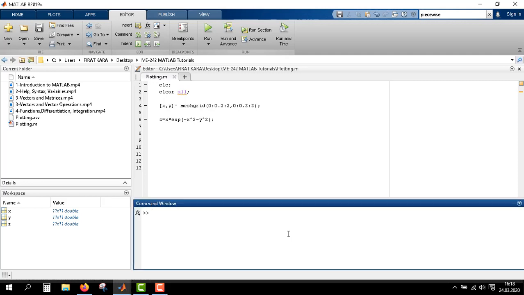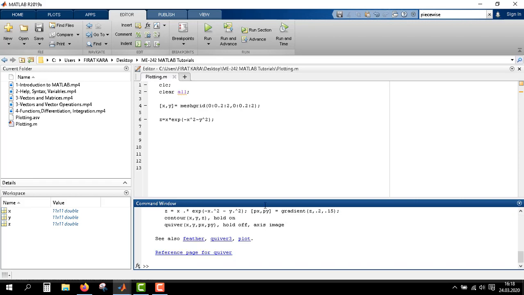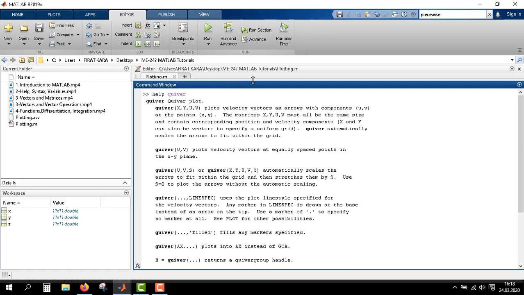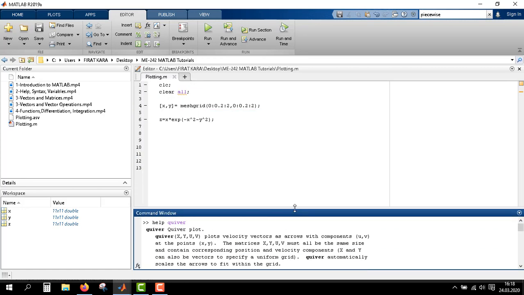It is also called velocity plot. Quiver function has 4 inputs. I think when we complete this example, you will comprehend the issue.